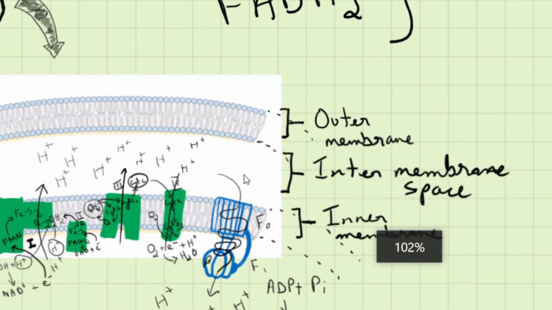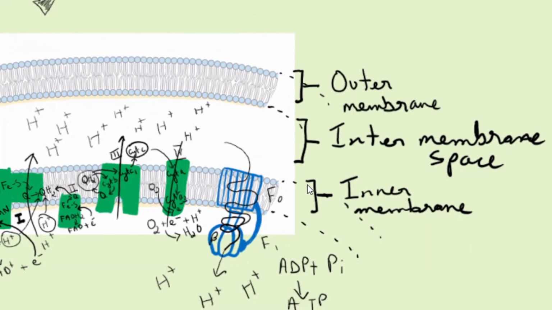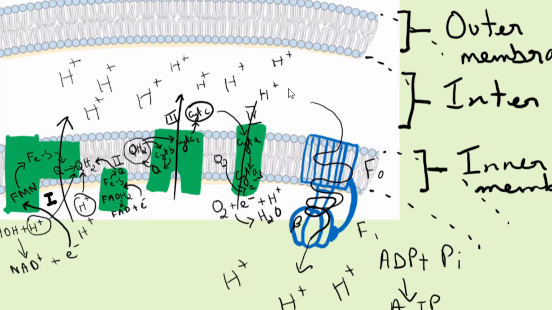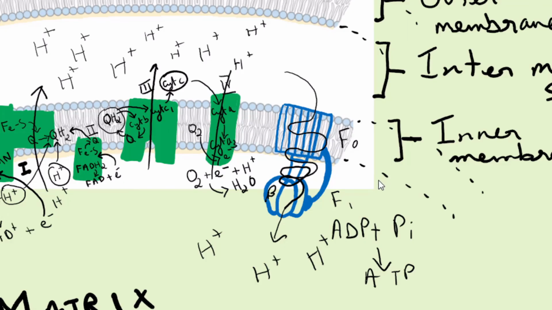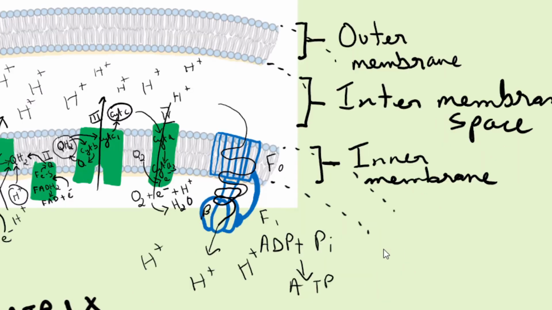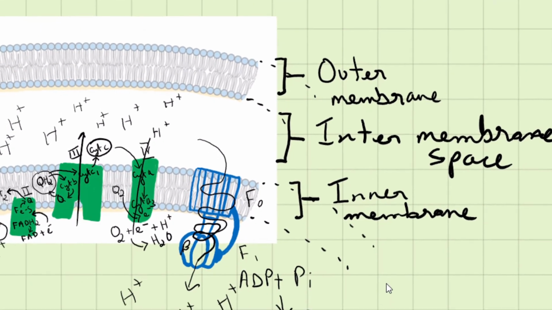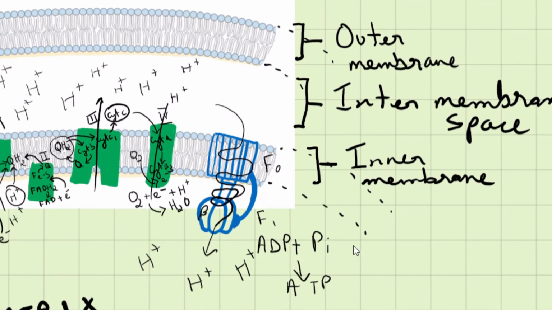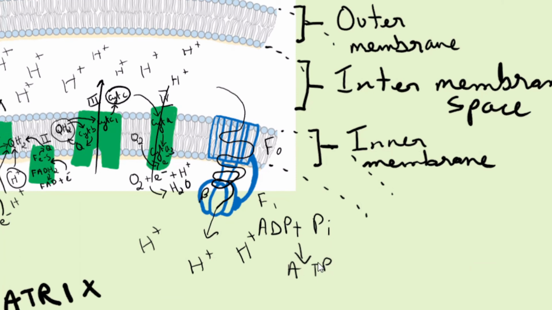The concentration gradient will be used to power the motive force of the proton ions from the intermembrane space back into the matrix, but this time they will move through a very special multi-subunit protein complex known as F1 F0 ATP synthase, which will cause the phosphorylation of ADP with a free phosphate group to make ATP.